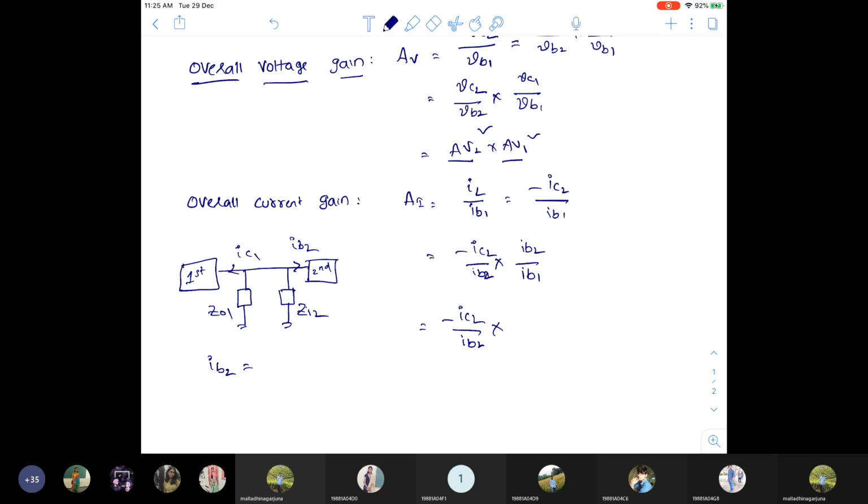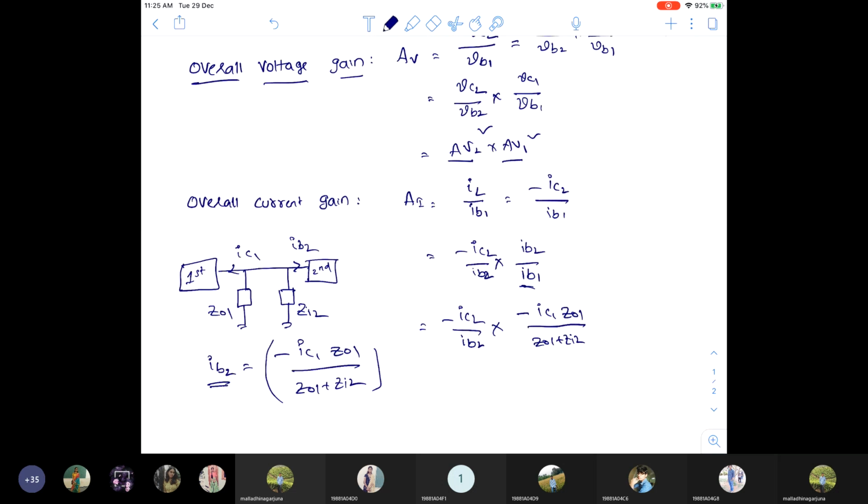So IB2 equals minus IC1, because the current direction is opposite, times Z01 by Z01 plus Zi2. So in the place of IB2 I can substitute this term, that is minus IC1 Z01 divided by Z01 plus Zi2.